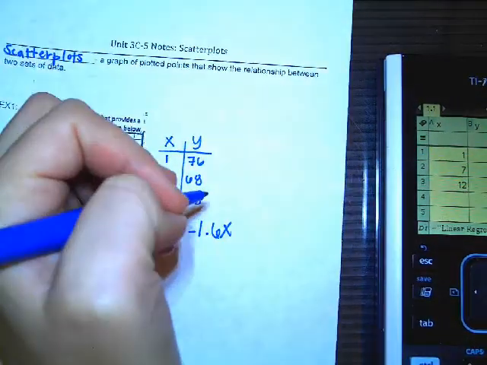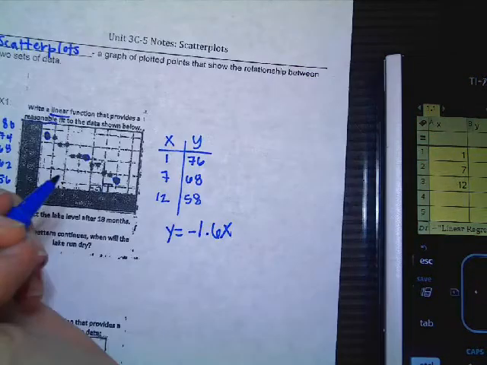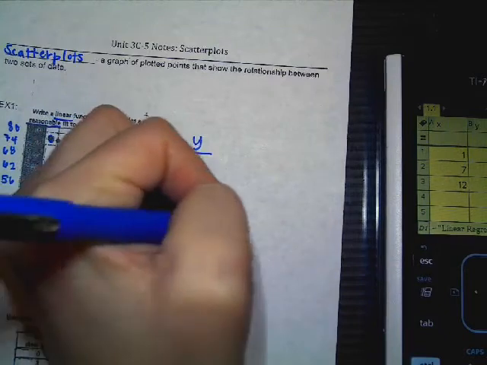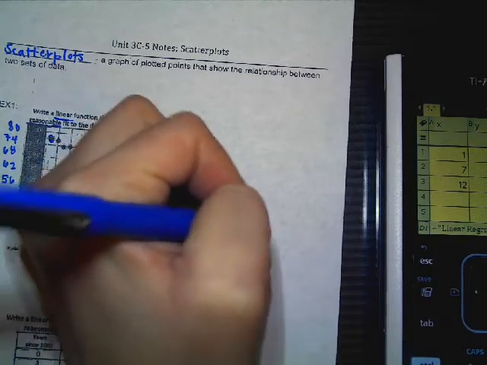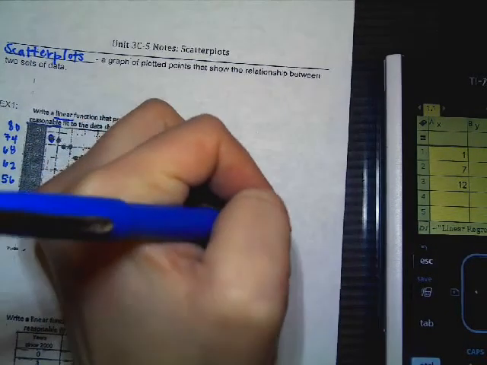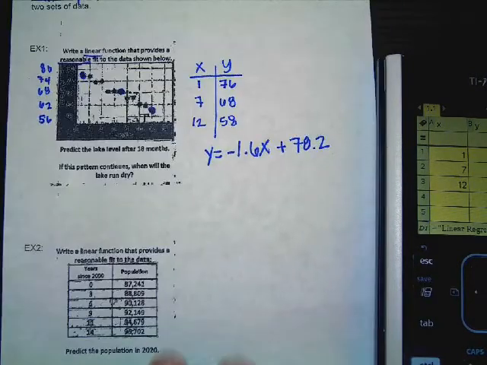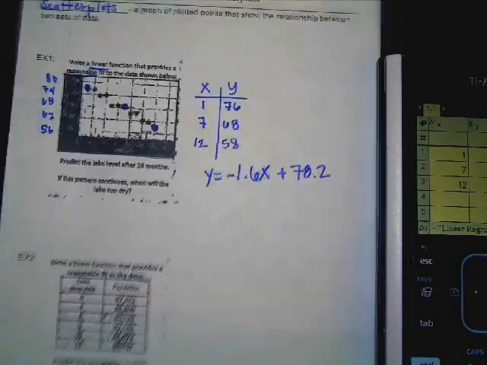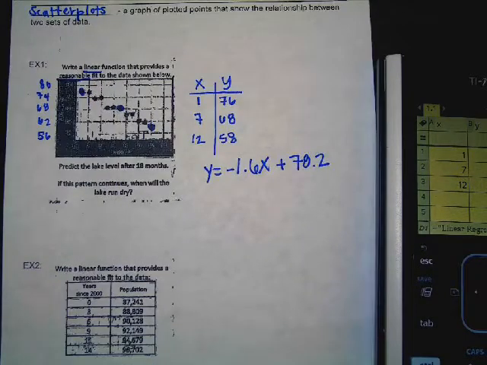And how would you round your b? 78.2, because there's a 7 behind it. Okay, so there's my function. That's what I wanted first.